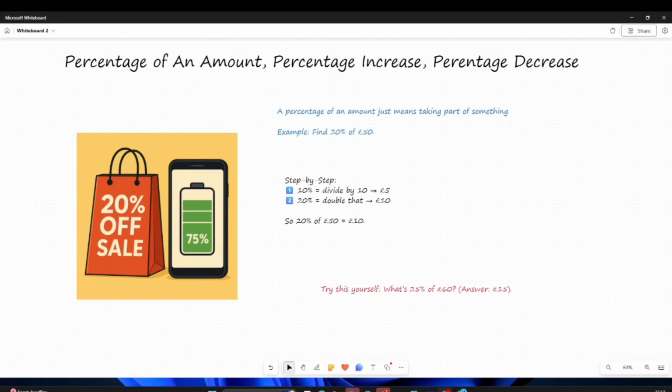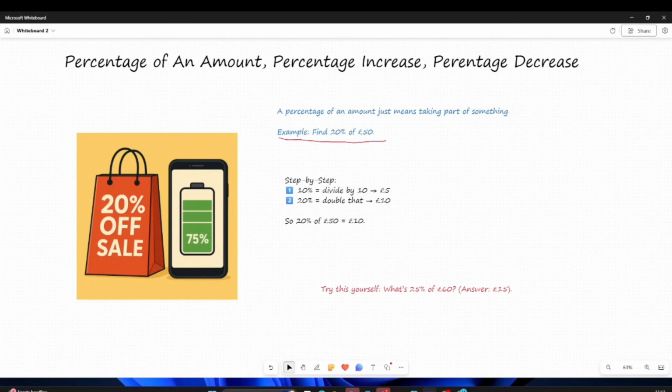Right, so the first thing we're going to look at is the first example that says find 20% of £50. It means that 20% is an amount out of the £50, but we want to work out how much that 20% is out of the £50.